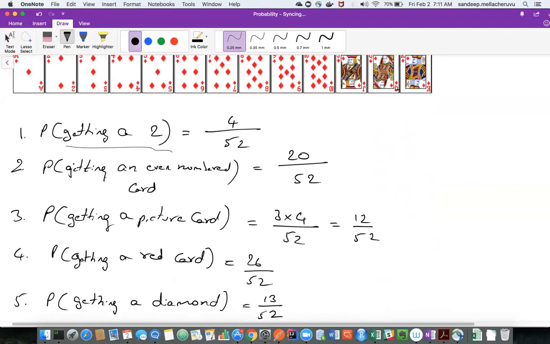Let's say probability of getting... We can actually use these to add more conditions.